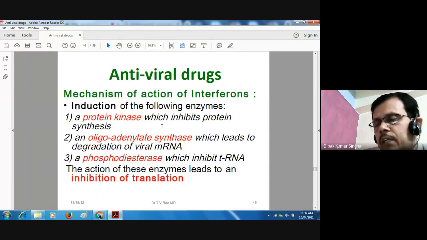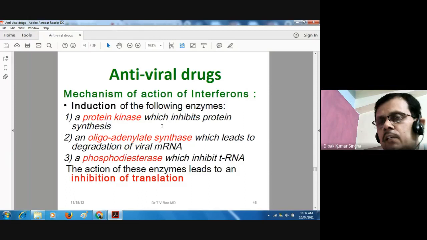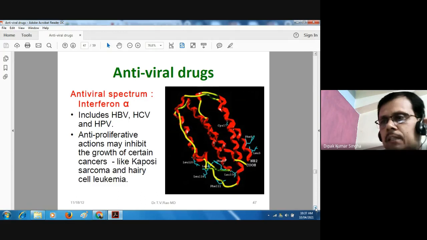Another is phosphodiesterase, which inhibits translation, that means protein synthesis. So interferon is a very useful and efficient drug, with three mechanisms of action: protein kinase, oligoadenylate synthase and phosphodiesterase. Transcription, translation, all these processes can be inhibited.